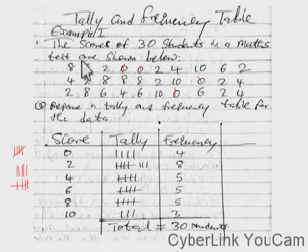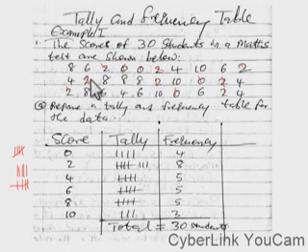Now, how many 2's do we have here? 1, 2, 3, 4, 5, 6, 7, and 8. So 8 2's. So how do we count this? 1, 2, 3, 4, then 5, 6, 7, 8. So we have 8 in our frequency.